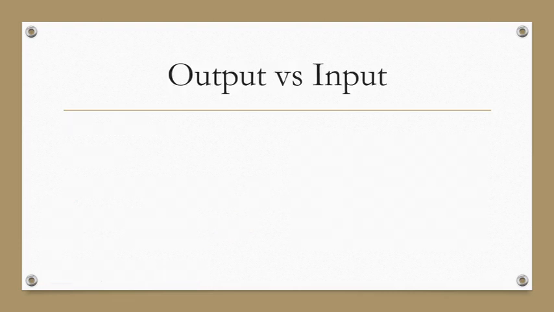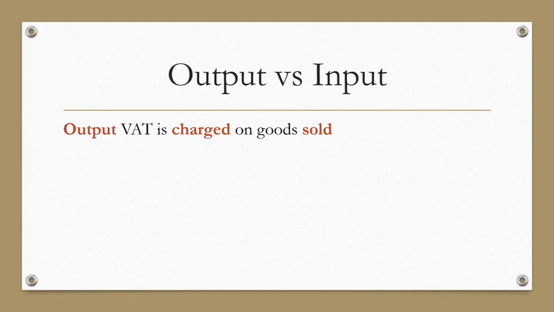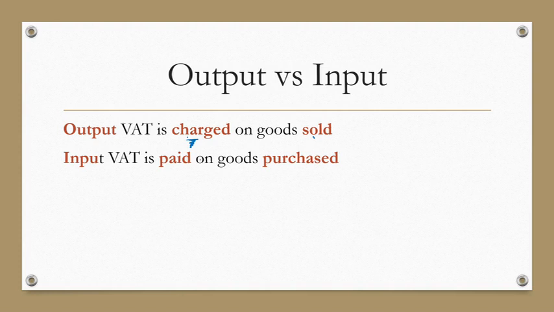Output versus input. Output VAT is charged. It's not paid, it's charged on goods sold. So as a business, when we sell, we charge VAT, but that VAT doesn't belong to us, it belongs to SARS. And input VAT is paid. When we as a business purchase trading stock, we pay input VAT.